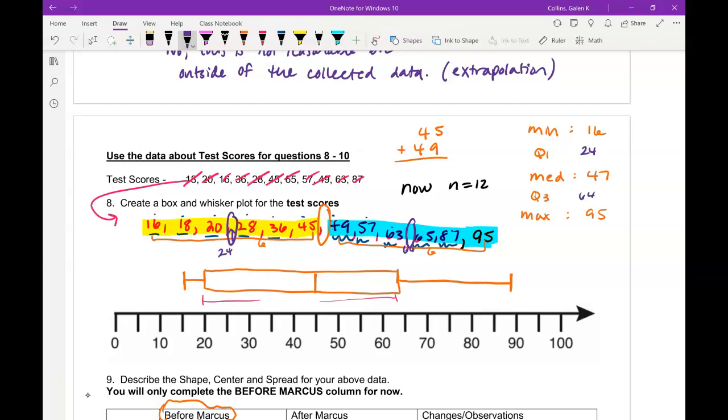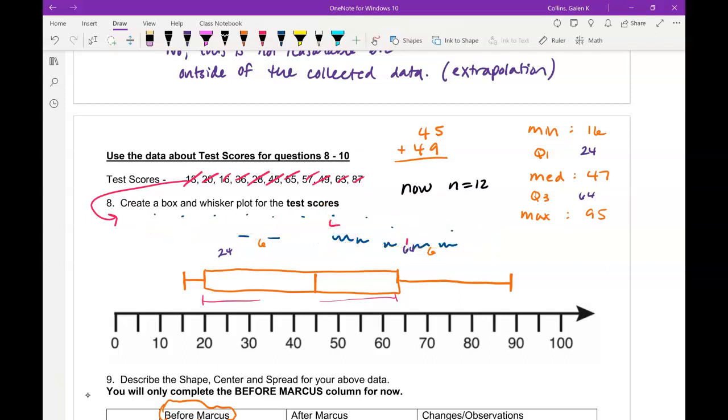Okay, so because I ran out of room, I'm going to erase this data to put my other box plot on top of the one that I drew already. So now our score that includes Marcus's data, our box is now going to start at 24, so about here. Our box goes up to 64, so about here.